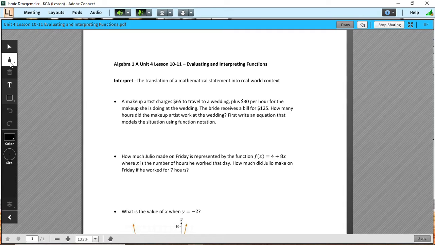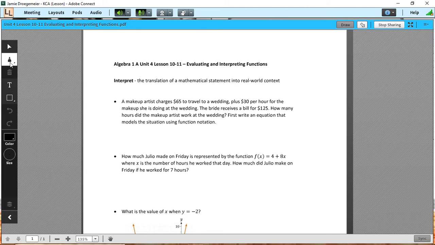Today we are in Unit 4 and looking at lessons 10 and 11, which is called Evaluating and Interpreting Functions. We'll start with the word interpret. If you're going to interpret something, and in our case we're talking about mathematical statements, we're trying to understand what they mean. In our definition, it says we're going to translate that mathematical statement into a real world context.